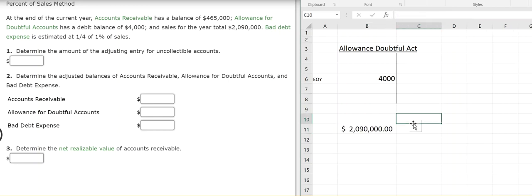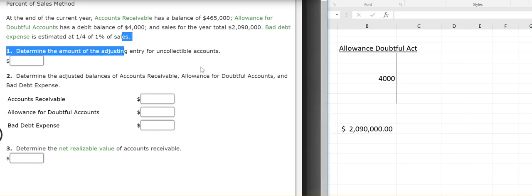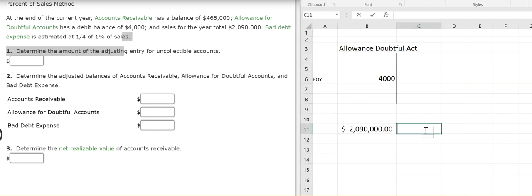Okay, so 2,090,000, and the percentage that they're telling us is 1/4 of 1%. So let's just put 0.25, which is 1/4, and then let's put here 1%.